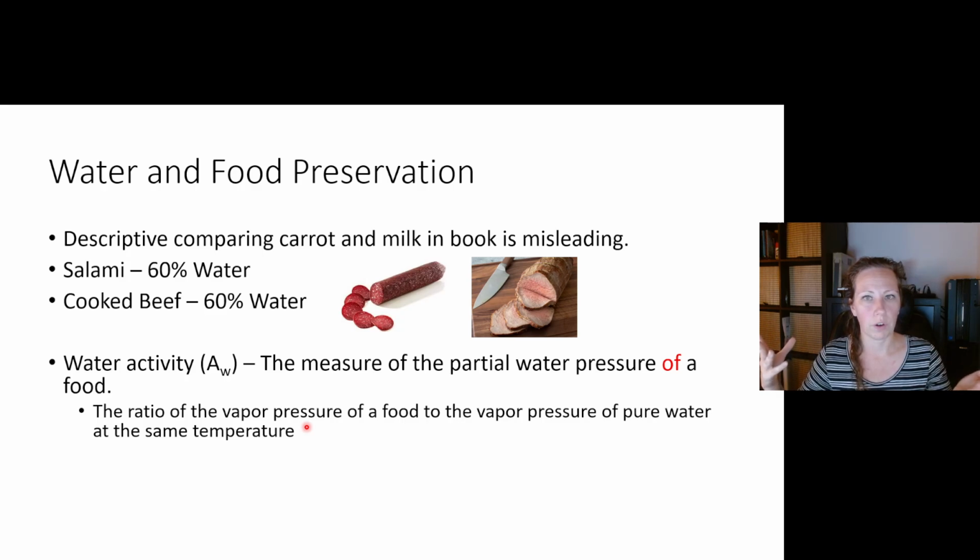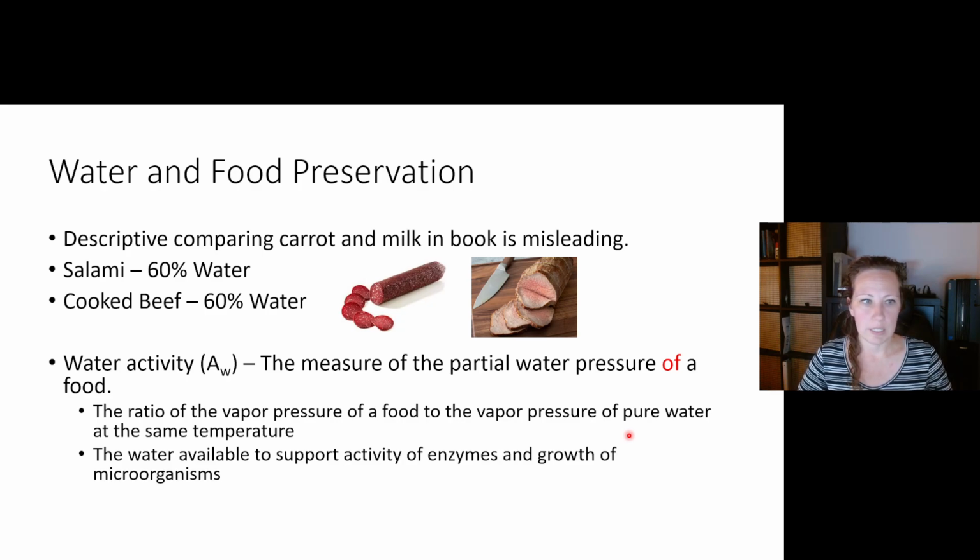Well, in order for water to do that, it has to be unbound. It has to be free water. Okay, and so what is this vapor pressure, a kind of a measure of the free water of a food, compared to the vapor pressure of pure water? Well, it's all free, right?